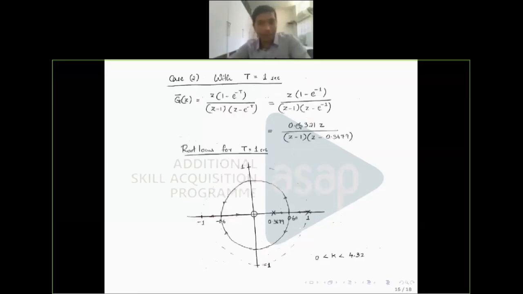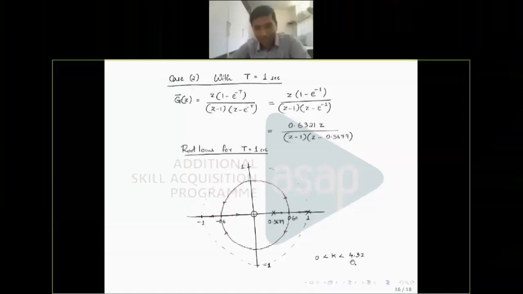Now when T is equal to 1 second, if you plot the root locus, you can see that the pole locations have moved a little towards the left, and you can do the same operation. You will find the range of values is reduced to 4. Further reduced to 2.62.